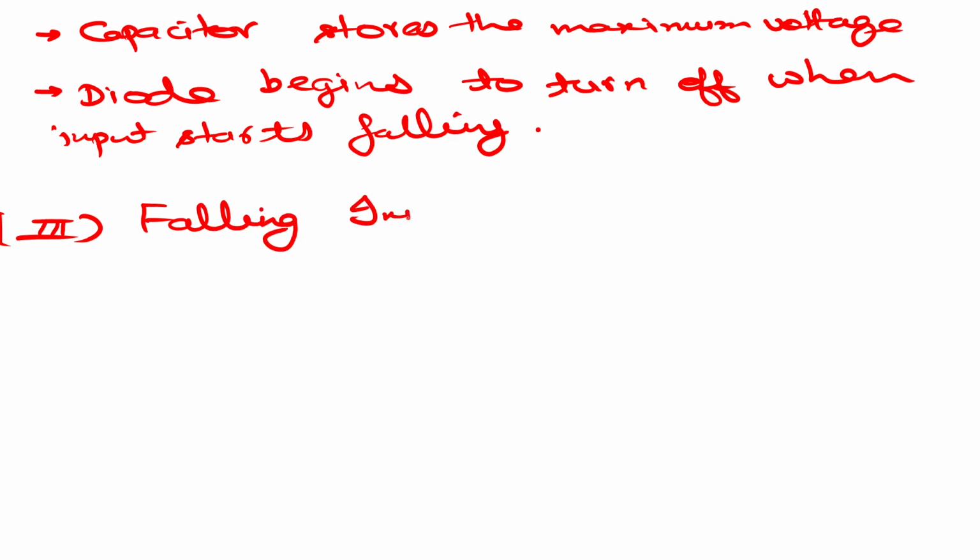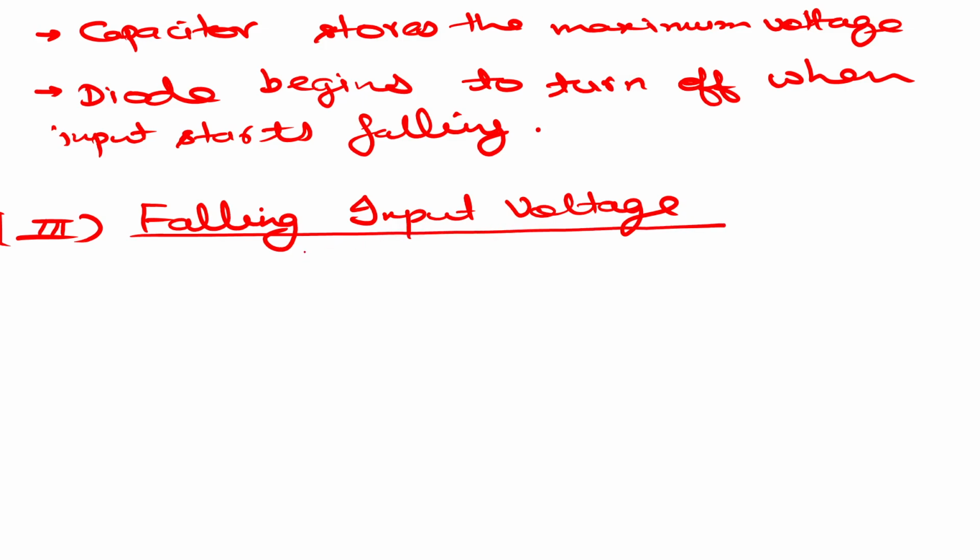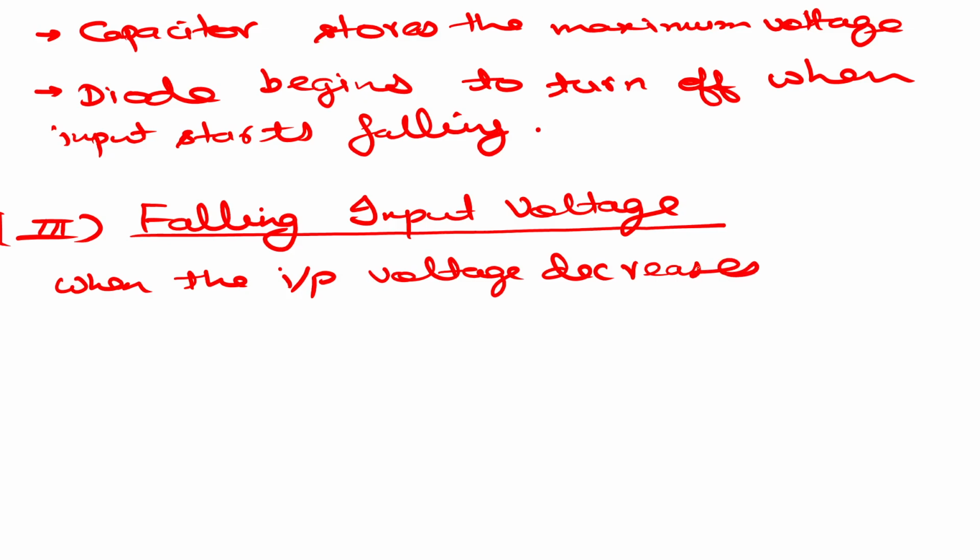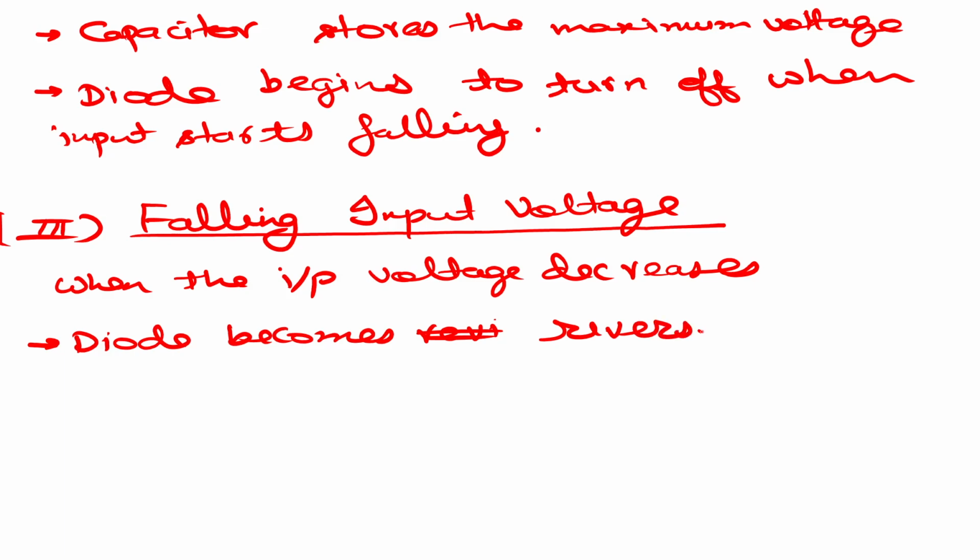So when the input voltage decreases, the diode becomes reverse biased, and the capacitor is isolated from the source.